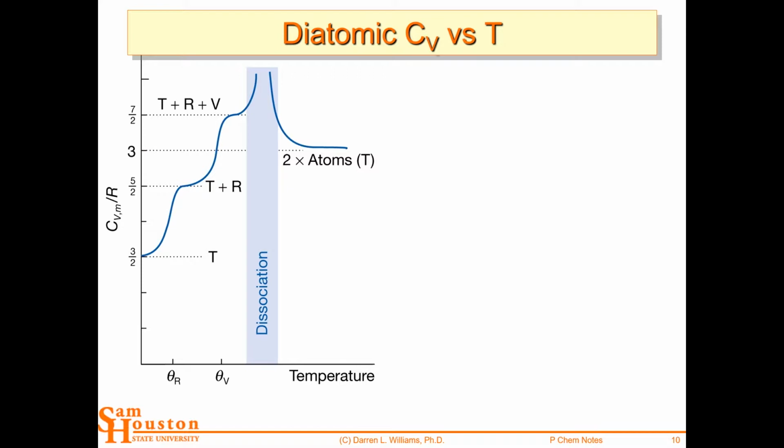The only thing atoms can do is translate. So this right here is translational, and it's 2 times 3/2 R, or 3 R. It's 2 moles of atoms now, times just their translational heat capacity. And so it's just 3 R.